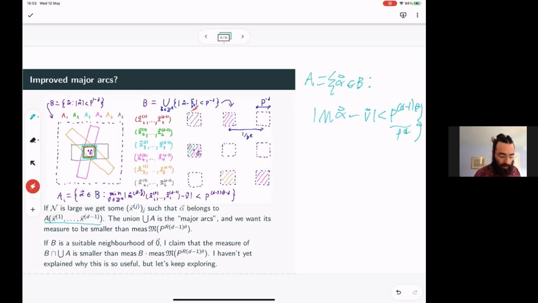So p to the e is some fixed power of some fixed prime. And I've taken a very small box, so small that the exponential sum is basically constant on each of these boxes. And I've taken one of those little boxes around each rational number of denominator dividing p to the e. Okay, and this I'm suggesting one should think of as being a p-adic neighborhood of the origin in the unit hypercube.